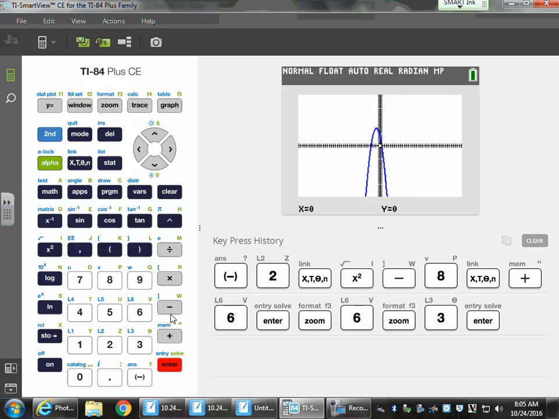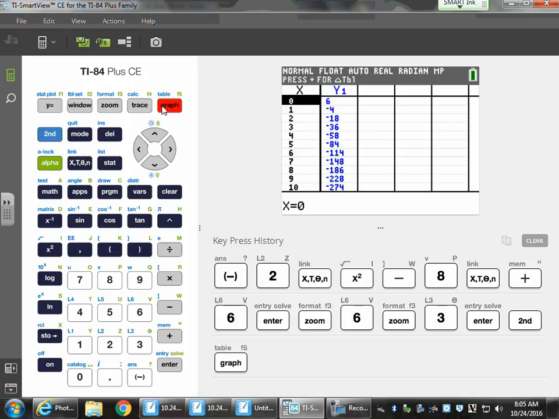We'll play with windows in a little bit. Missy will come around to help you with windows as well. What I would like you to do right now is hit second, and then above the graph, what do you see as a blue word right there? Table. So really you're hitting second and then the graph, but really what are you calling on? The table. Second graph is really getting you to your table.